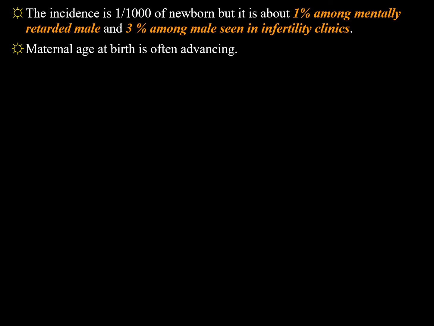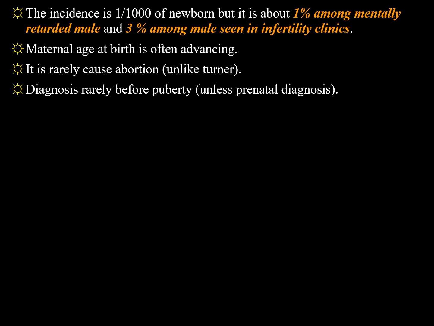Maternal age at birth is often advanced. It rarely causes abortion, unlike Turner syndrome, where there is a missing chromosome rather than an extra one. Diagnosis is rarely made before puberty, because the features usually appear at puberty. Before puberty the phenotype is normal.